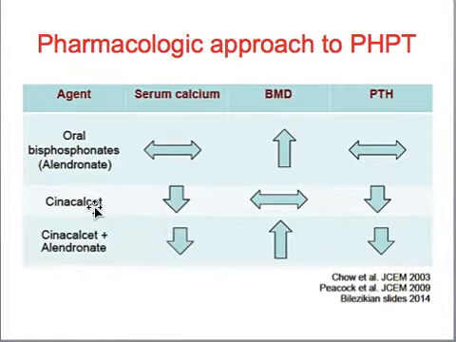In patients who have very high calcium, you can give Cinacalcet to lower your calcium levels, but it won't have any effect on your BMD. But it also lowers your PTH. So you can actually combine Cinacalcet and alendronate in order to lower your calcium and also increase your bone mineral density and lower your PTH levels.